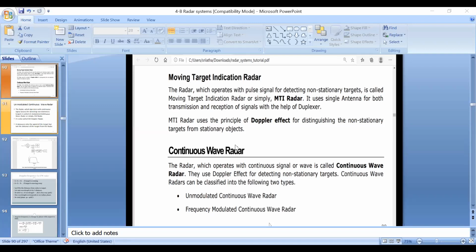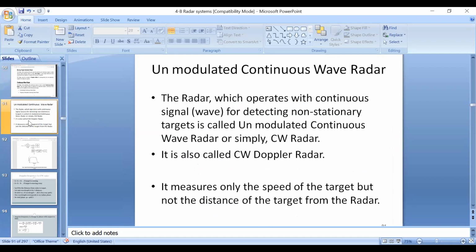Next we have continuous wave radar. In this continuous wave radar, we have two types: unmodulated continuous wave radar, and the second one is frequency modulated continuous wave radar. In today's class, I will explain the concept called unmodulated continuous wave radar.